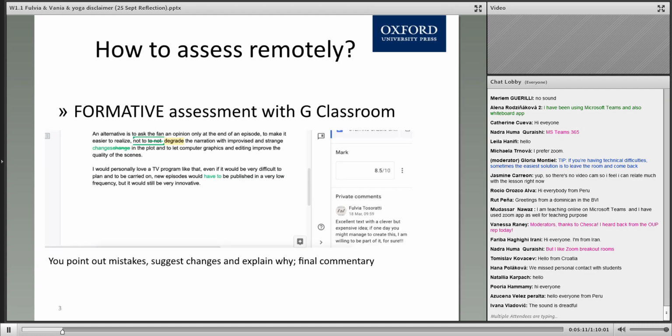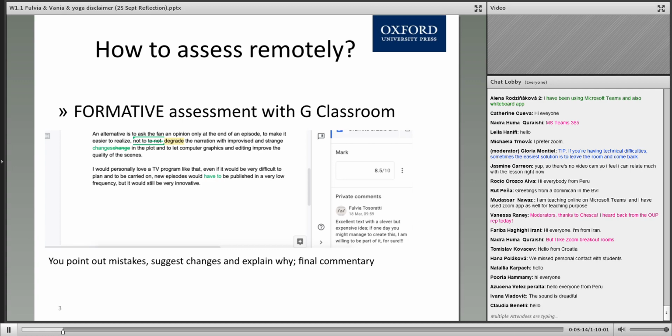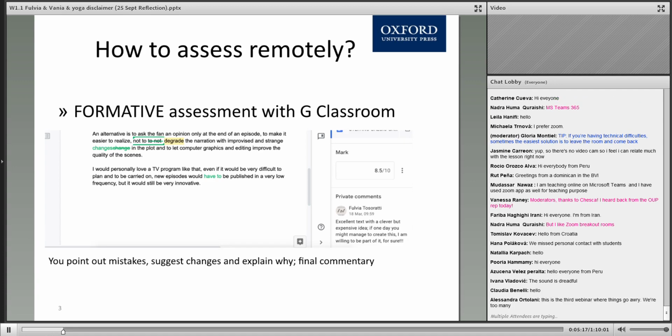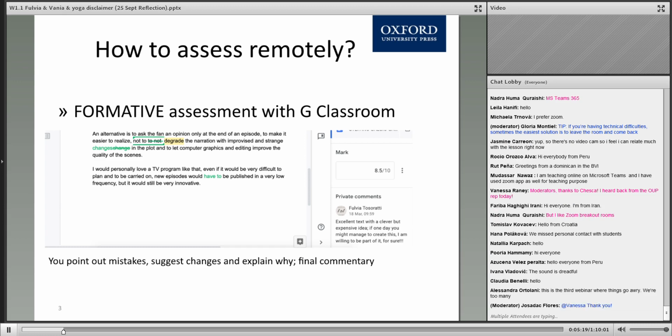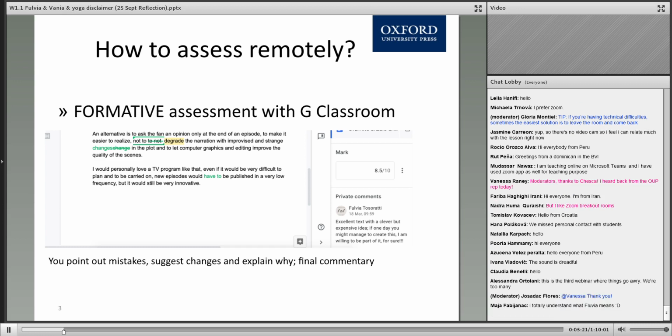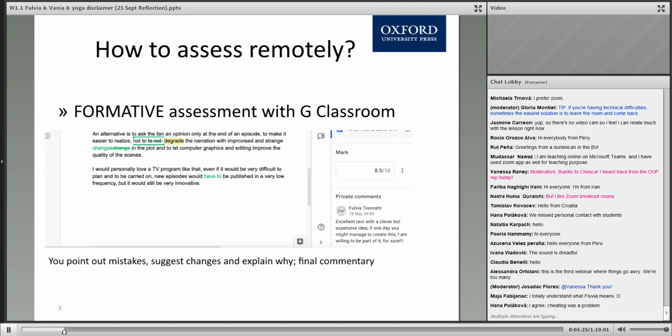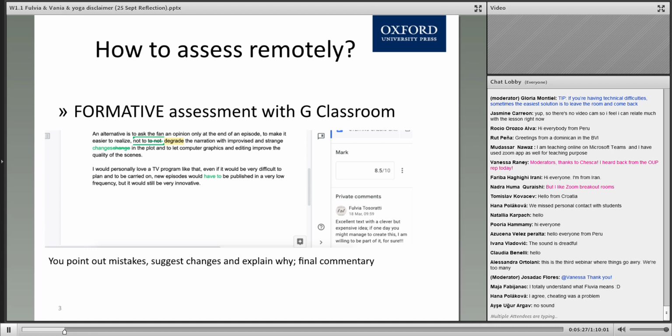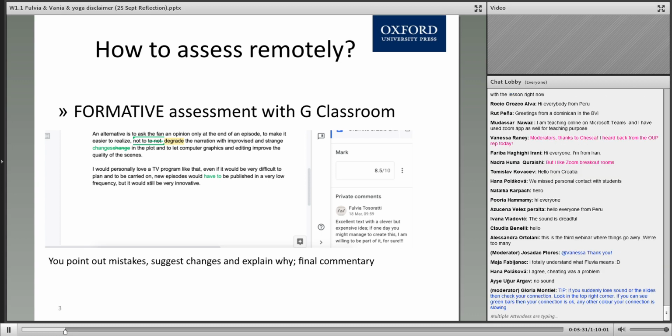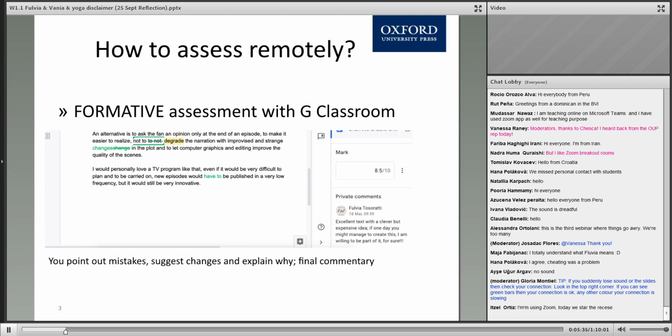Okay. How to assess remotely was the huge problem and what I will be talking about. And the first answer was formative assessment using Classroom. What does it mean? It means that you don't give a negative number, a positive number, but you correct mistake by mistake and indicate to your student how to improve, correct every little thing.